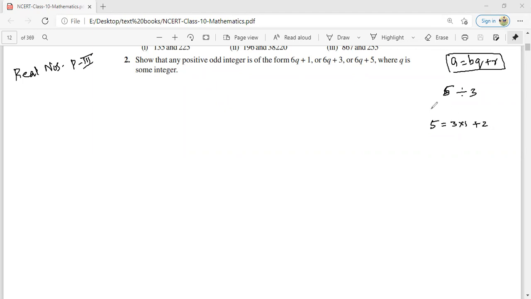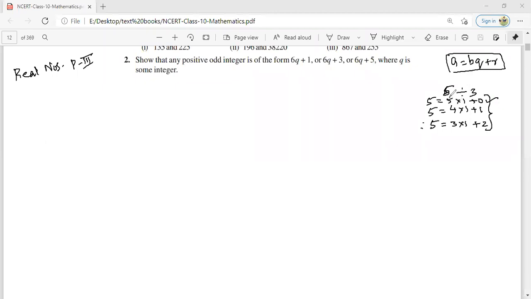If remainder is 2, we can write 5 is equal to 4 into 1 plus 1, when remainder is 1, and we can write 5 is equal to 5 into 1 plus 0. So you can see 5 can be written in these 3 forms. But when you are dividing by 3, you will get this form. So we can write any number in this form.